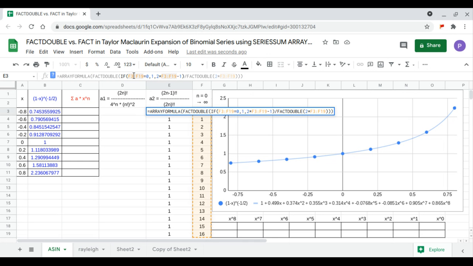N equals 0. Oh, we put it in the wrong position. We've got this. It should be right here. That should work.